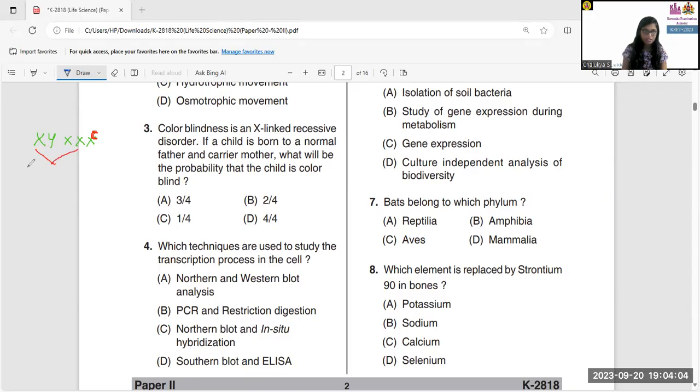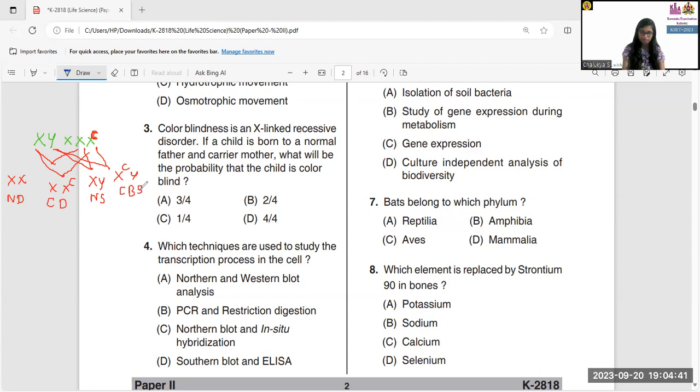One child is a normal daughter, X and X. Next, a carrier daughter. Next, X and Y, that is a normal son. Next, the carrier X and Y, that is a color blind son.